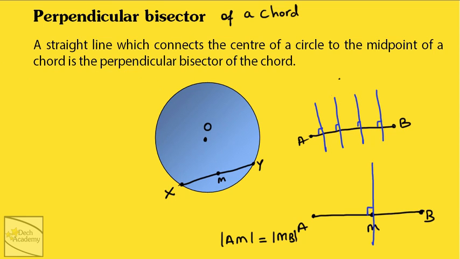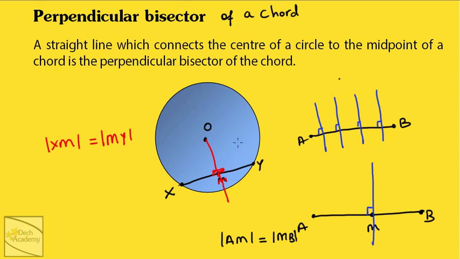So this rule here is such that a line from the center through the midpoint is perpendicular to XY, but also bisects XY, which means that, of course, this point is point M, which means that XM is equal in length to line MY.